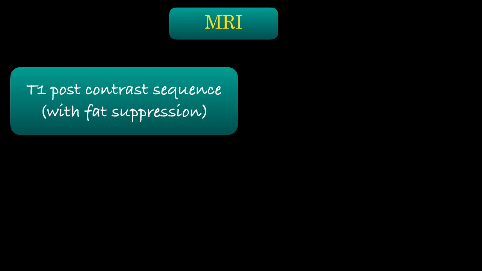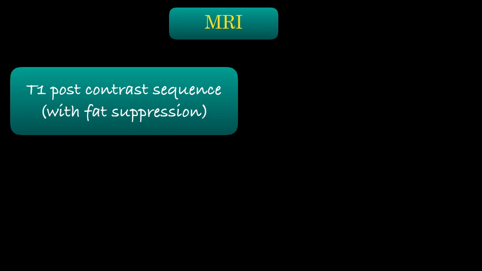The fourth standard sequence in the MRI is the T1 post-contrast sequence. In this sequence, they inject an IV contrast medium inside the patient. If you remember, in the T1 sequence the fat appears white, while the fluid appears dark.